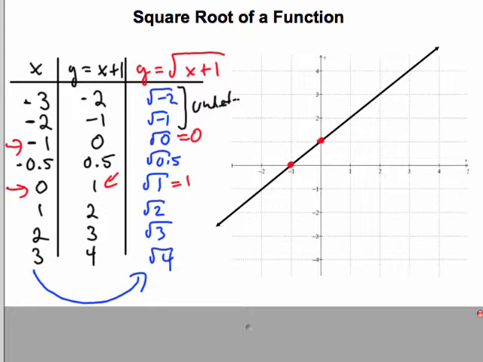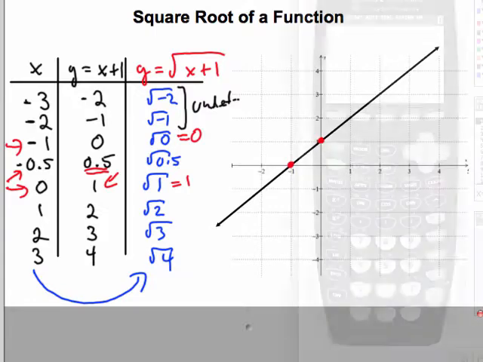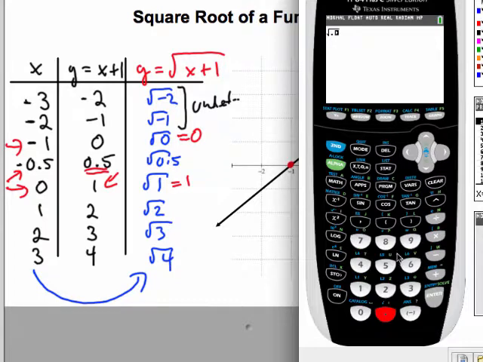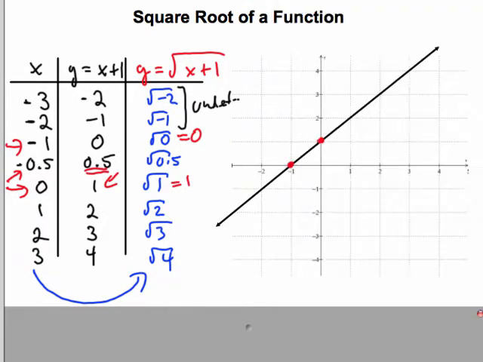Now, I was interested in what was happening between negative 1 and 0, so I picked negative 0.5 in my table. On my original function I had 0.5, and so on my new graph I have the square root of 0.5, which if I check on my calculator is 0.707. And if I graph that at x equals negative a half, it's going to be here.